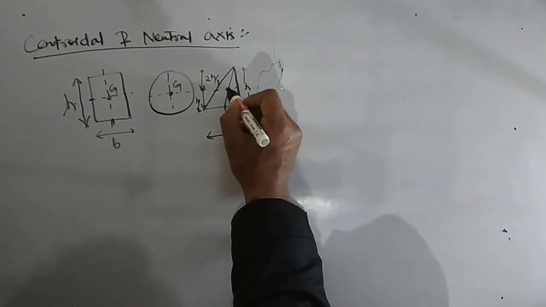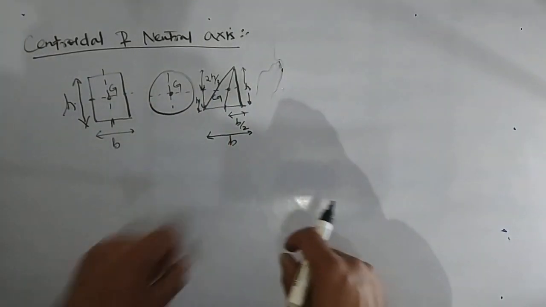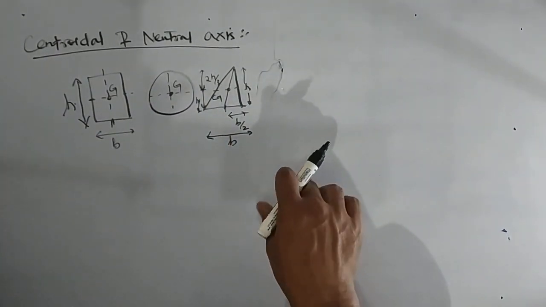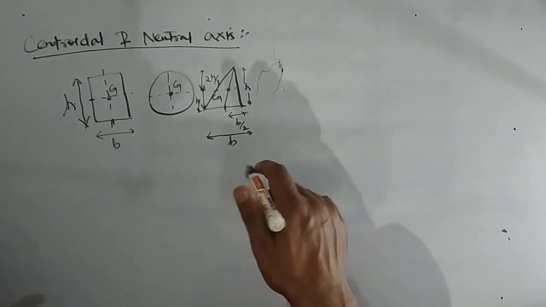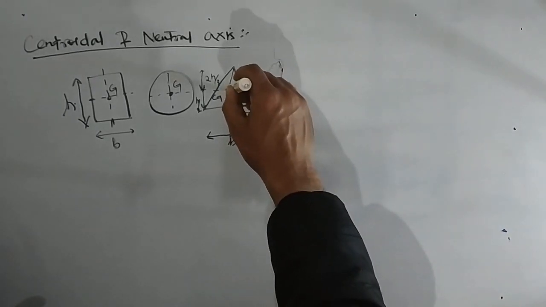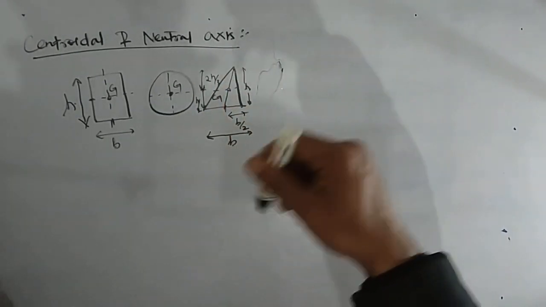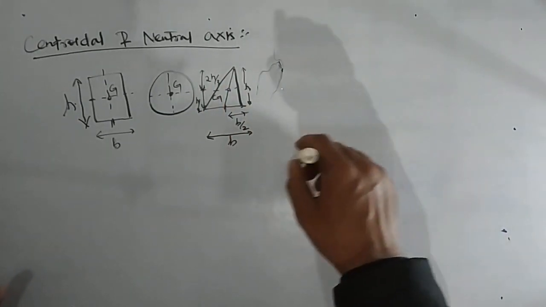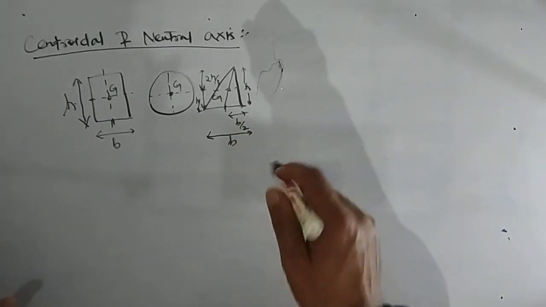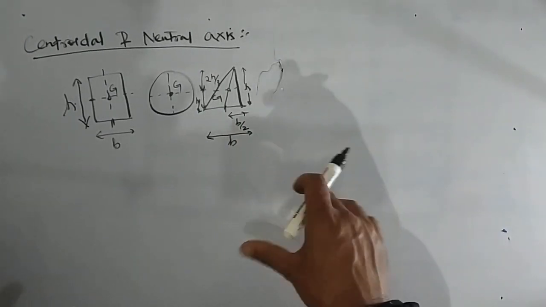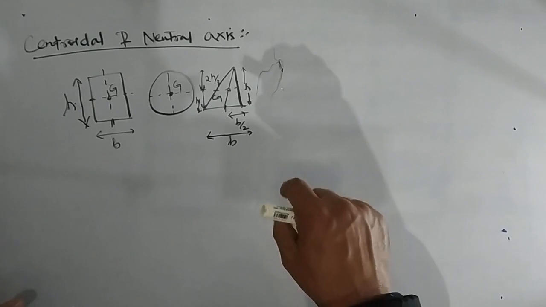This point is the centroid of the triangular section. The centroidal axis can be infinite in number, because through a point we can draw infinite lines.